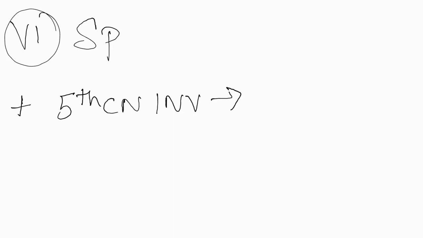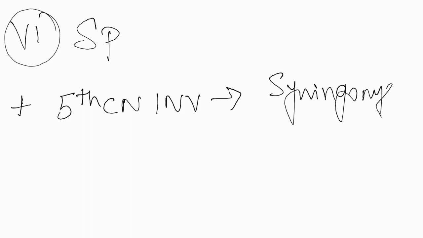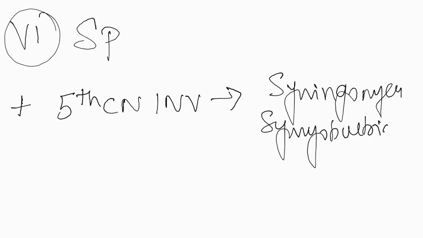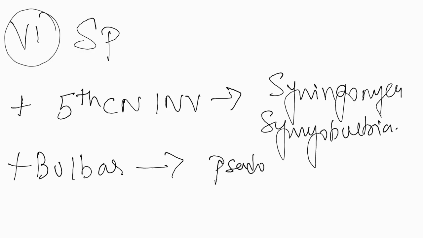If they ask for namesake, one examiner has asked, I think in Delhi Center, what are the possibilities? It can be a syringomyelia or a syringobulbia, depends on its extension. Okay, if a spastic paraparesis with bulbar weakness, bulbar symptoms, it could be a pseudobulbar palsy, an MND.